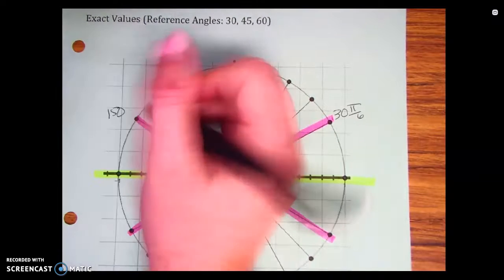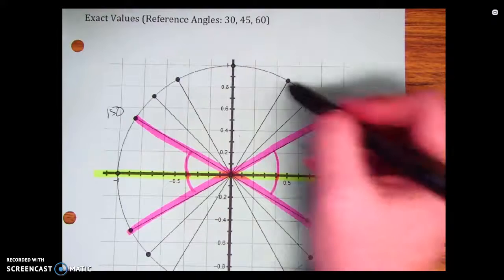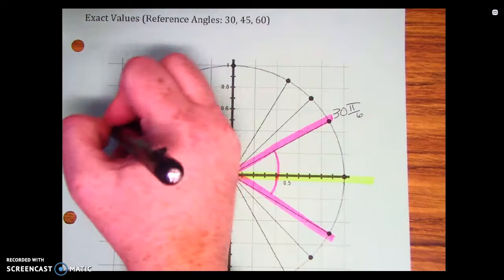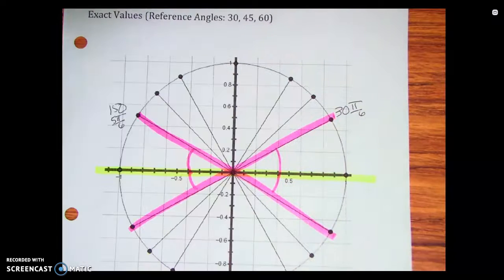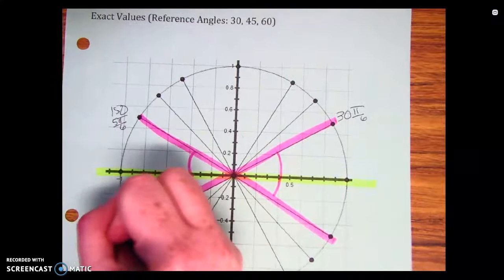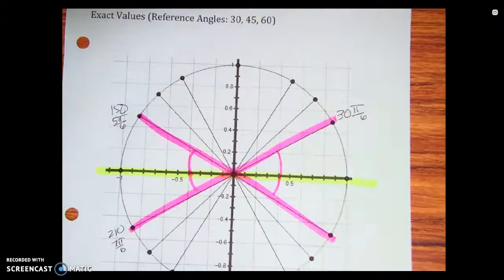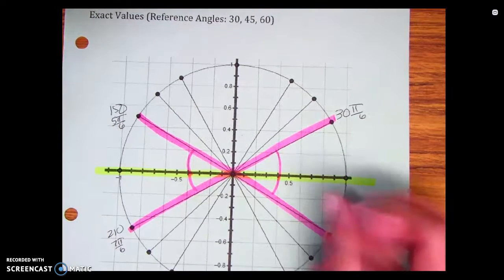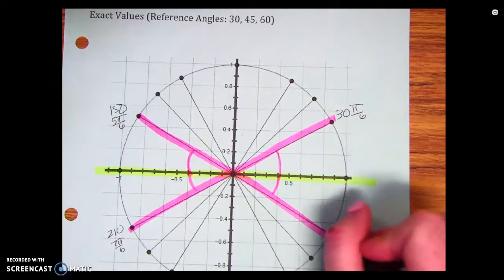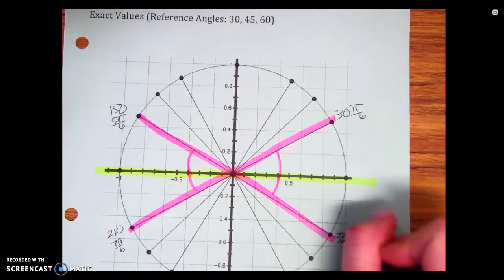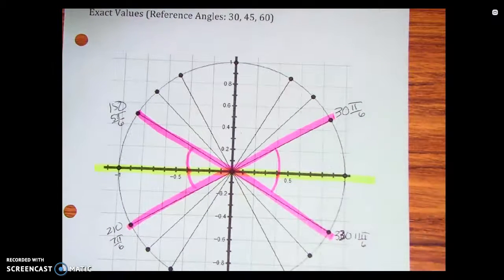I have 150, or again, that's 1, 2, 3, 4, 5 pi over 6, 5 30-degree angles. This is 210, 5, 6, 7 pi over 6. 8, 9, 10, 11 is 330, 11 pi over 6. Those are my 30s.